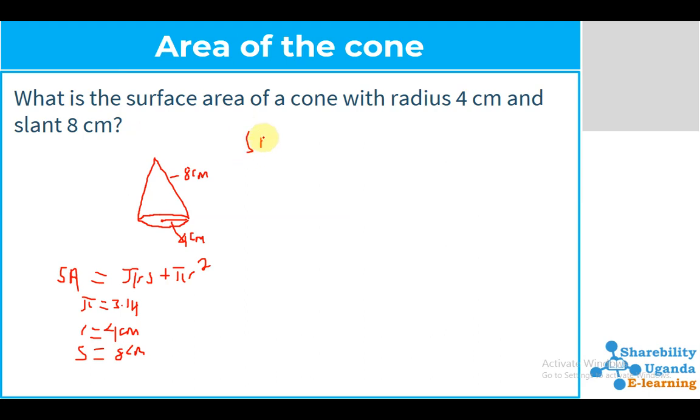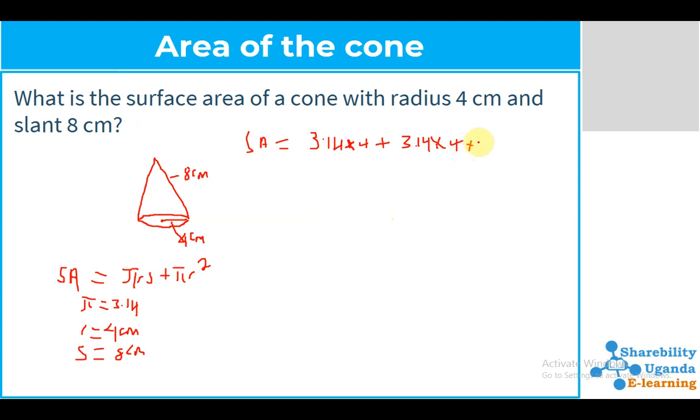Our surface area, abbreviated as SA, is equal to pi, which is 3.14, times the radius, which is 4, times the slant, 8, plus pi r squared, which is 3.14 times the radius squared.